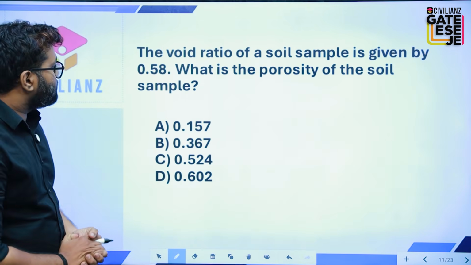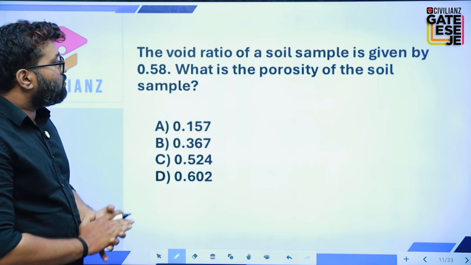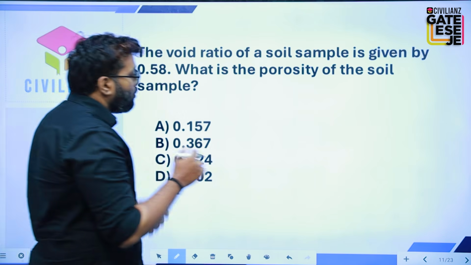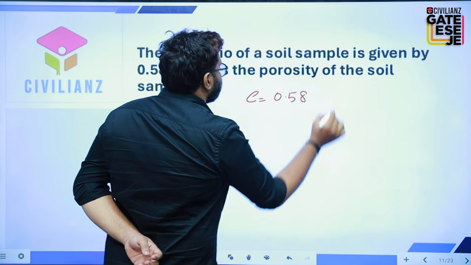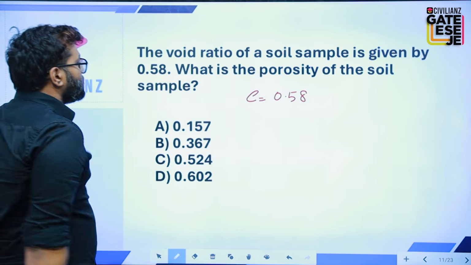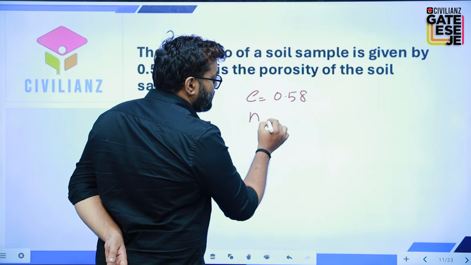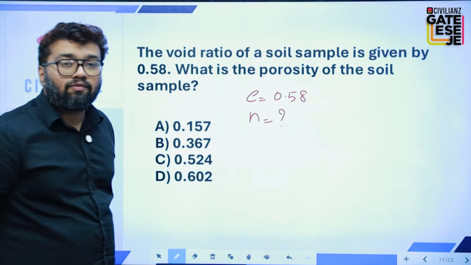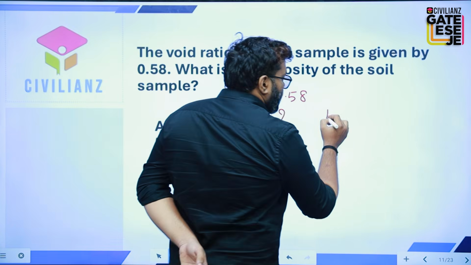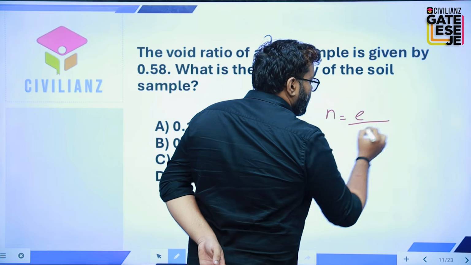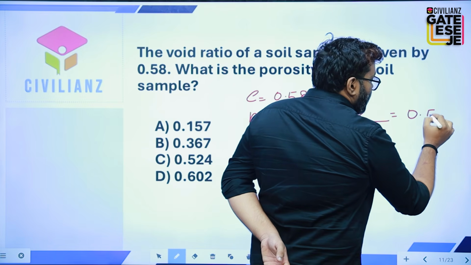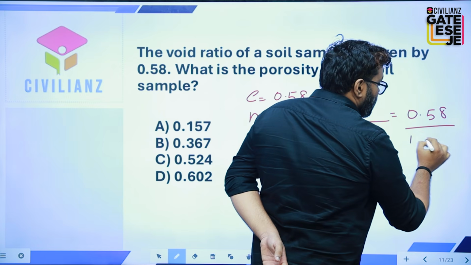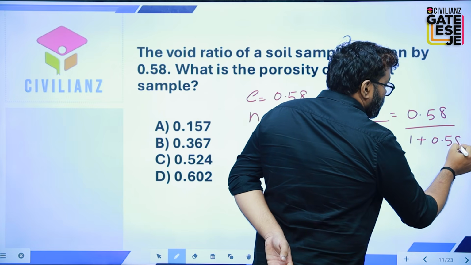So read the question. The void ratio of the sample is given as 0.58, e is equal to 0.58. What is the porosity of the soil sample? What is the value of n? We know that n is equal to e by (1 plus e), which is equal to 0.58 divided by (1 plus 0.58).